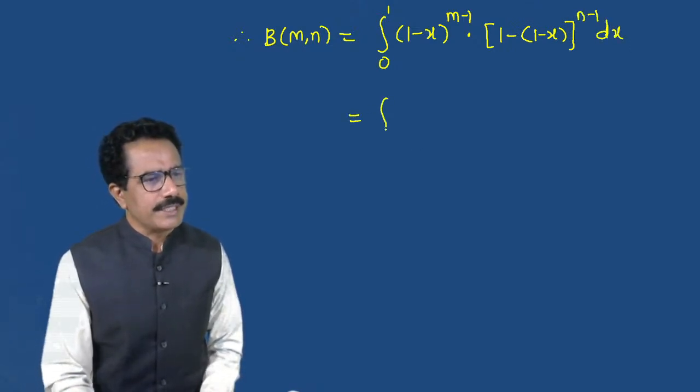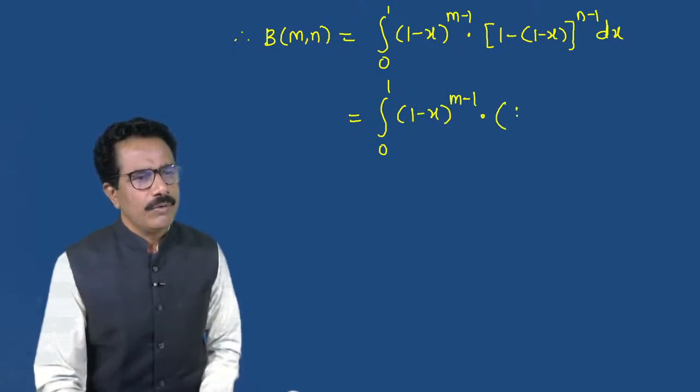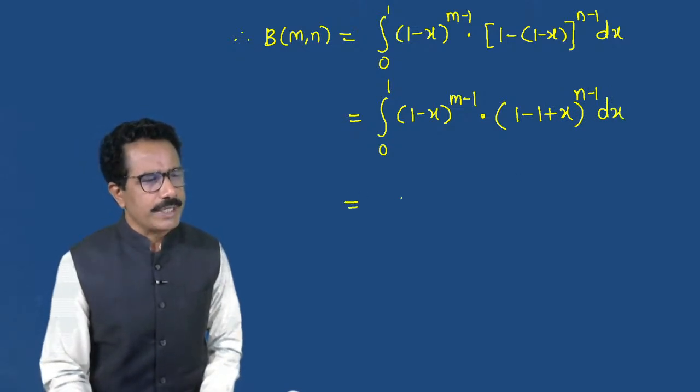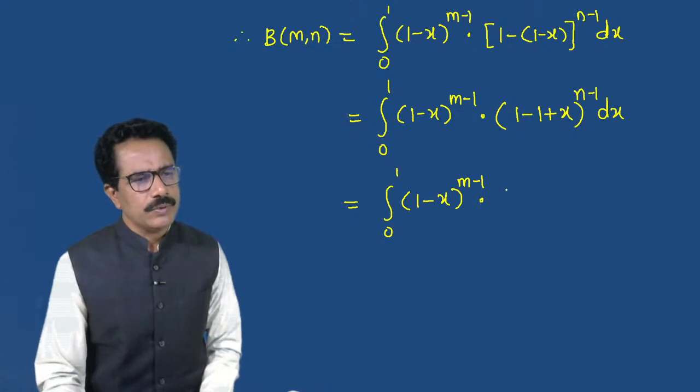So this can be written as integral from 0 to 1 (1 minus x) raised to m minus 1 into (1 minus 1 plus x) raised to n minus 1 dx. So we can write integral from 0 to 1 (1 minus x) raised to m minus 1 into x raised to n minus 1 dx.